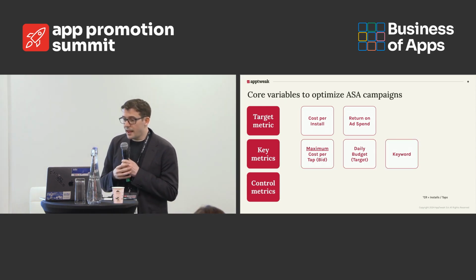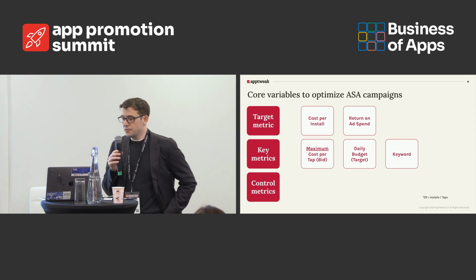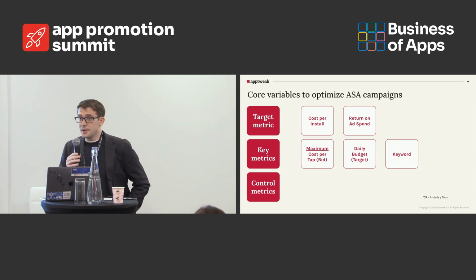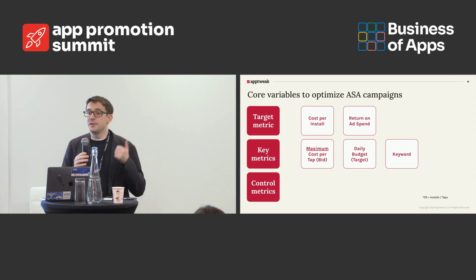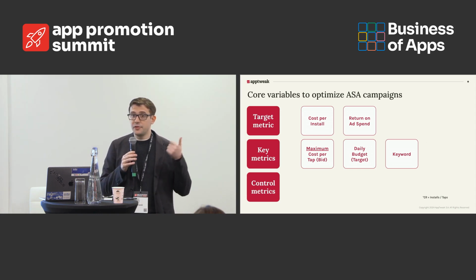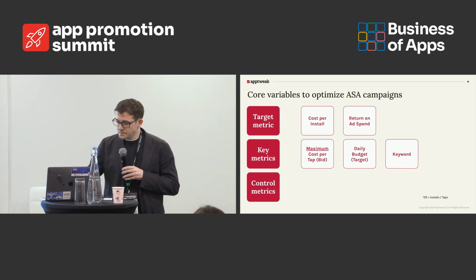The key metrics we'll have, these are going to be the metrics where we are going to be making a lot of changes. These are the metrics that you directly control when entering an auction. These are going to be the bid, your daily budget, and the keywords you choose to bid on.